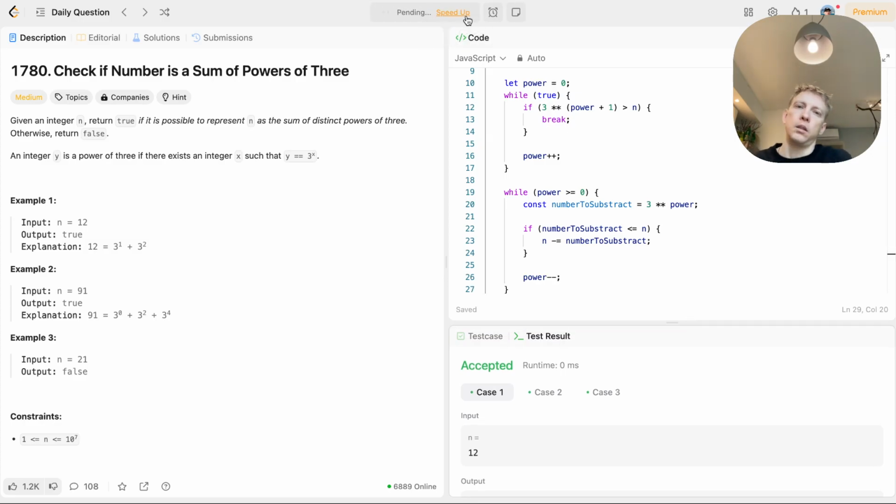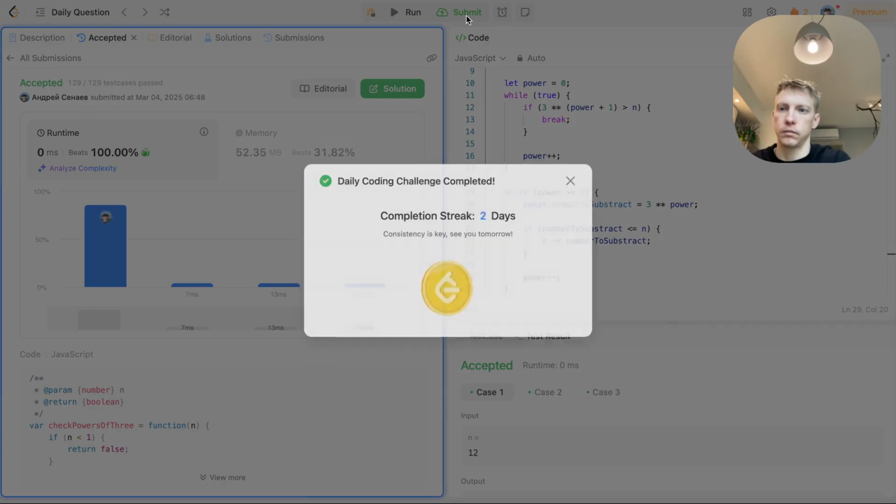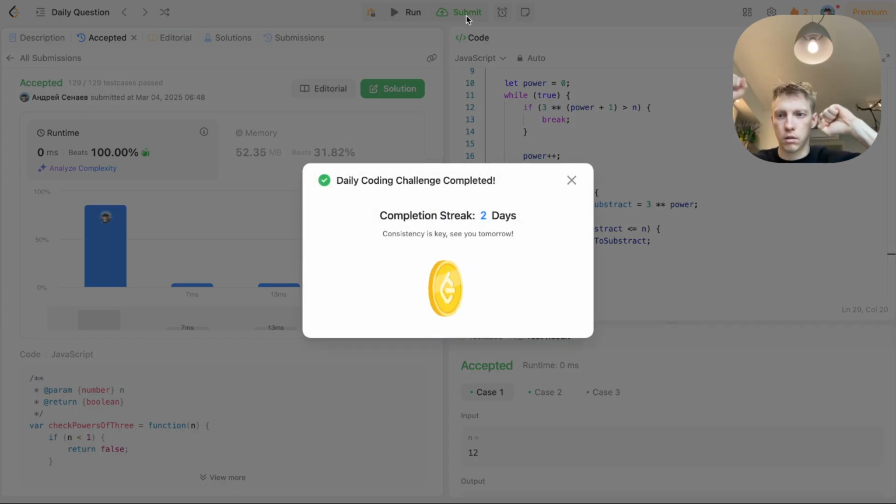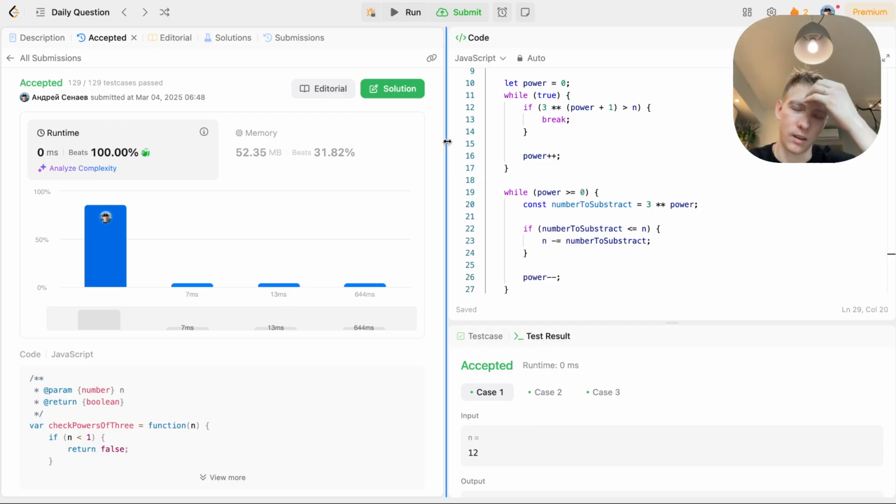With 3 cases, let's submit. Great! Okay, guys. Actually, nice task. Pretty simple. Pretty interesting. Let's look at how other people solve it.